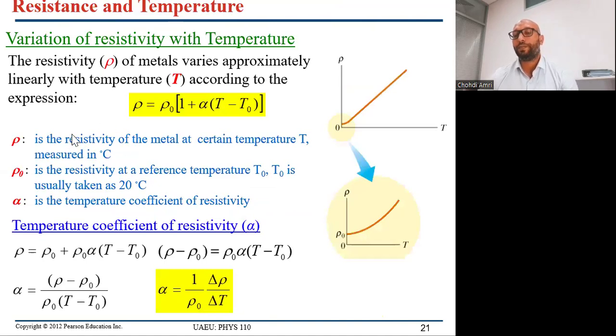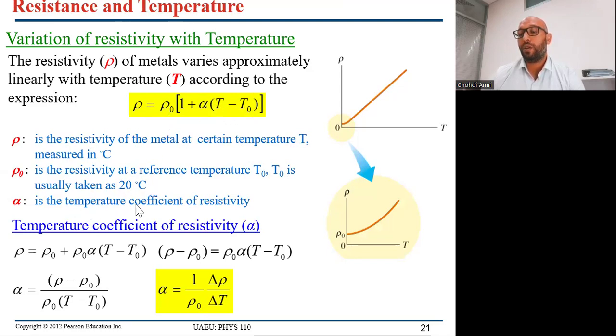Let's continue. Variation of resistivity with the temperature. As we said in the previous slides, the resistivity depends on the material and depends on the temperature. The resistivity rho of the materials varies approximately linearly with the temperature, according to the following expression: rho equals rho naught, times the factor 1 plus alpha, T minus T naught. Rho is the resistivity at a certain temperature. Rho naught is the resistivity at the reference temperature, usually taken as 20 degrees.